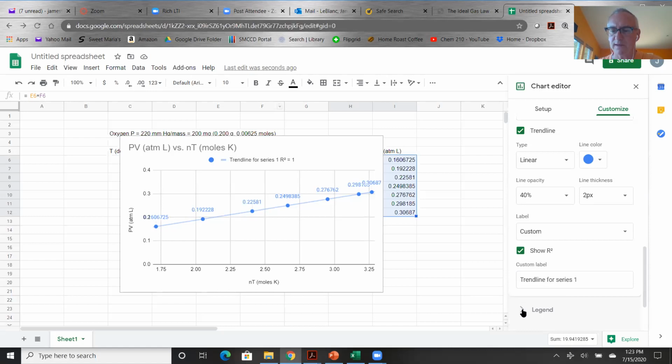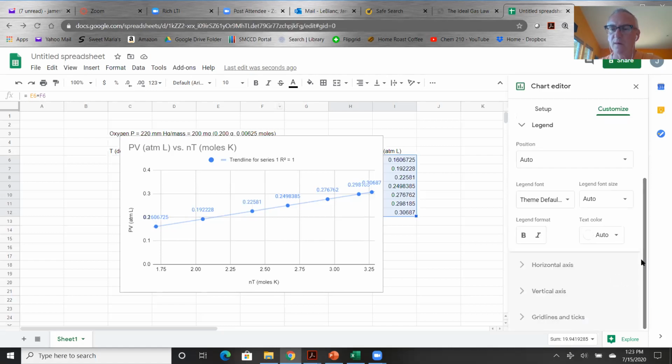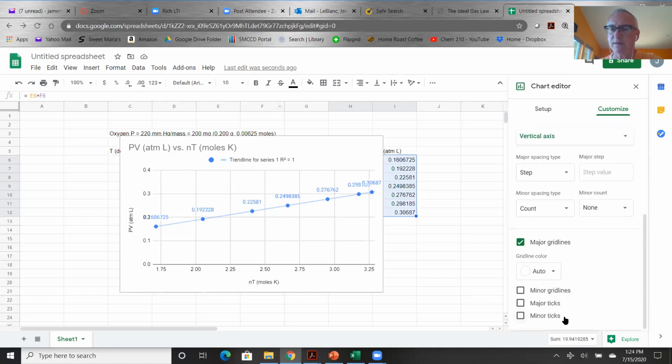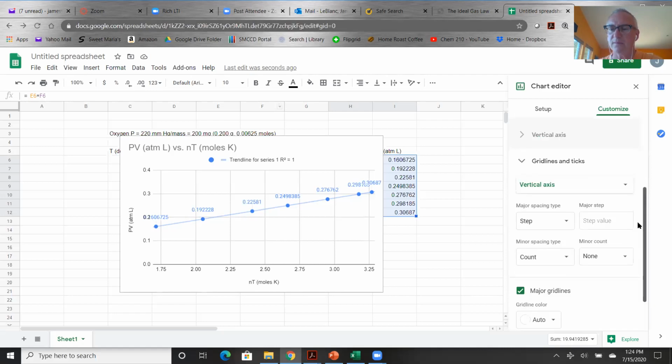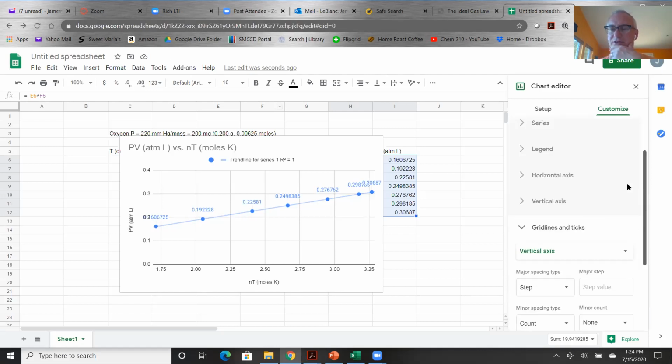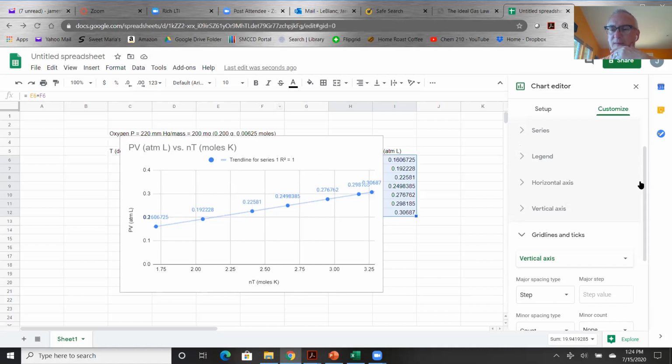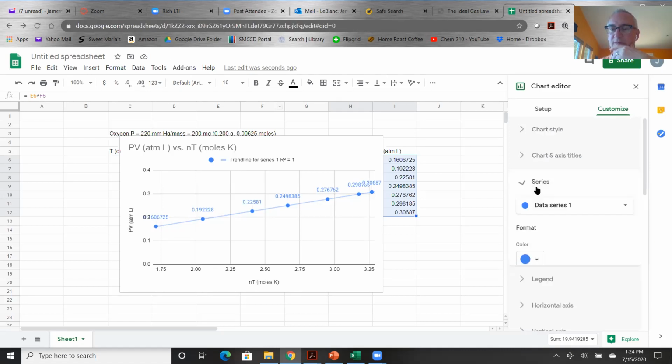Oh, legend? Nope. Oh, you just passed it. Oh, where was it? Oh, grid lines and ticks? Nope. It should be much easier to find. It was in series. It was in series.